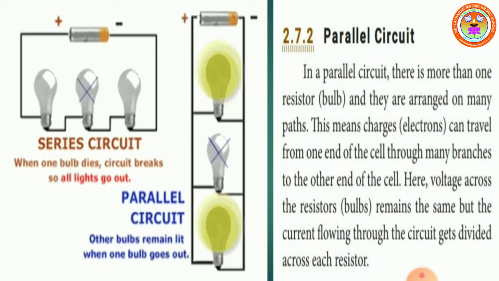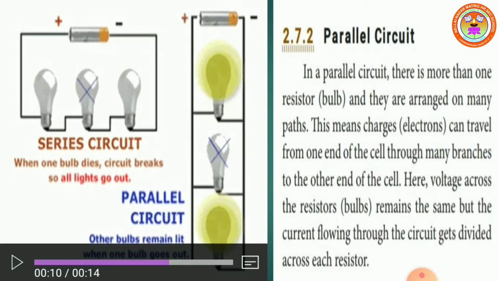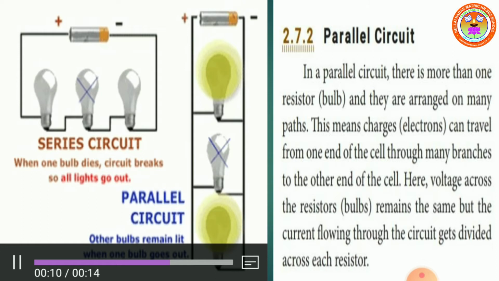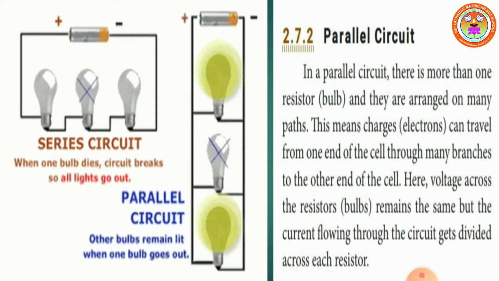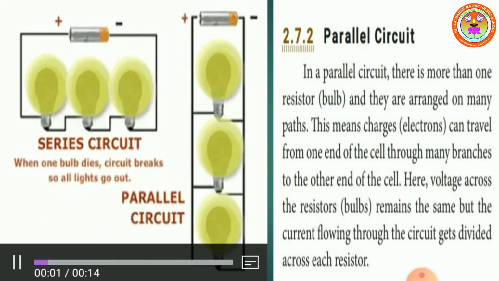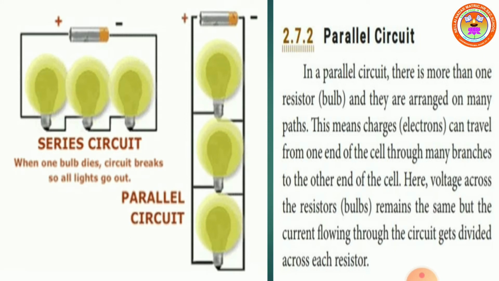This means charges, charges means here electrons, can travel from one end of the cell through many branches to the other end of the cell. Here the voltage across the resistors, bulbs, remains the same, but the current flowing through the circuit gets divided across the resistors.